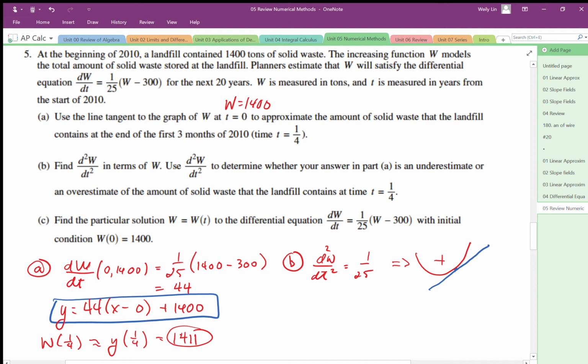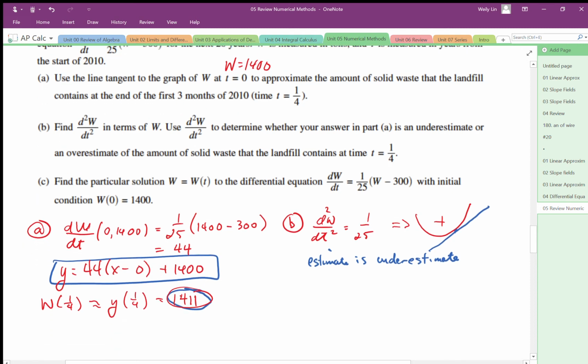So this is always going to be an underestimate. So this guess here, the one I got, that's on that line. So the estimate is an underestimate. Okay, so that's part B.